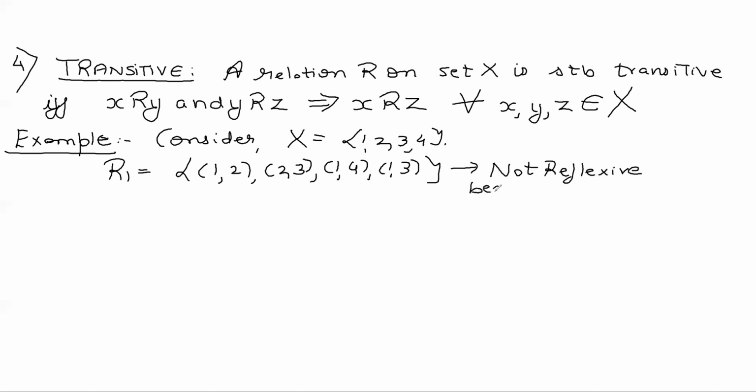Why? Because (1,1), (2,2), (3,3), and (4,4) do not belong to R1. None of them belongs to R1. Is it symmetric? Not symmetric.